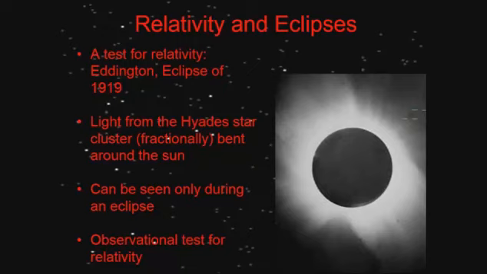But during an eclipse, you could see a star that you shouldn't technically be able to see. So during the eclipse of 1919, a star that was located behind the sun was actually observed even though it was behind the sun, because the light from that star in the Hyades cluster was actually bent around the edge of the sun and received at the Earth. So this was an observational test for general relativity.